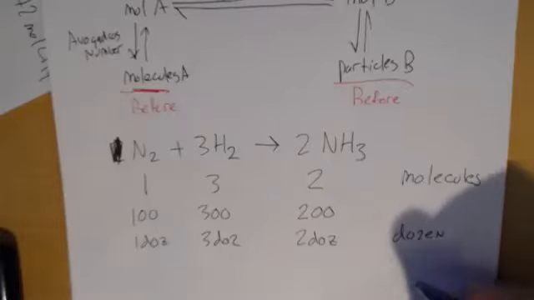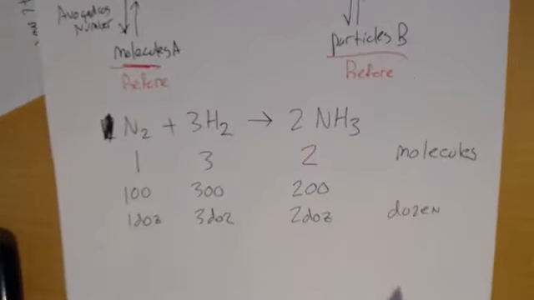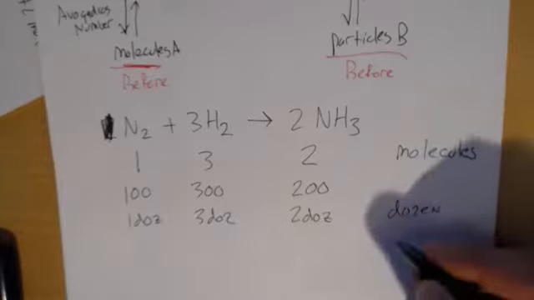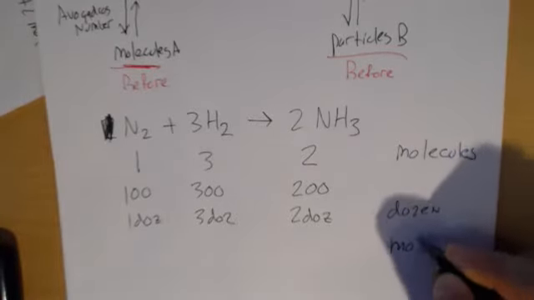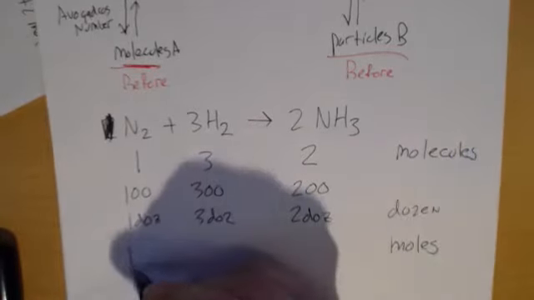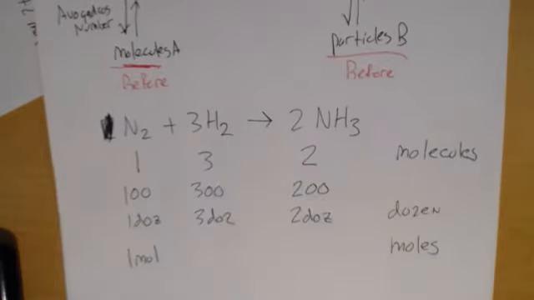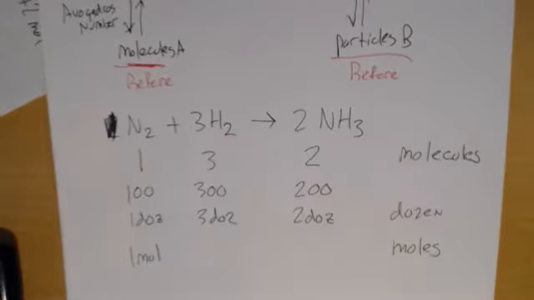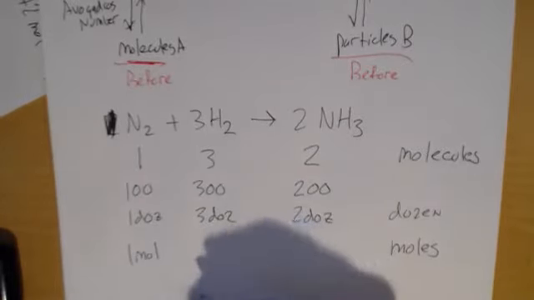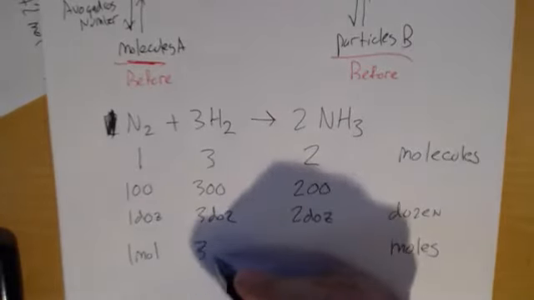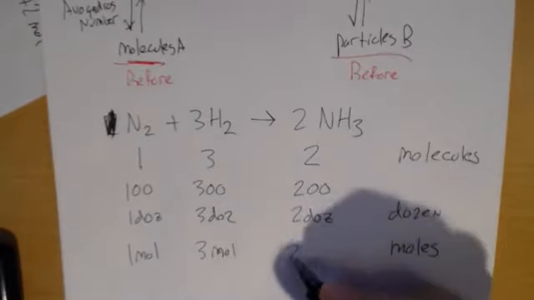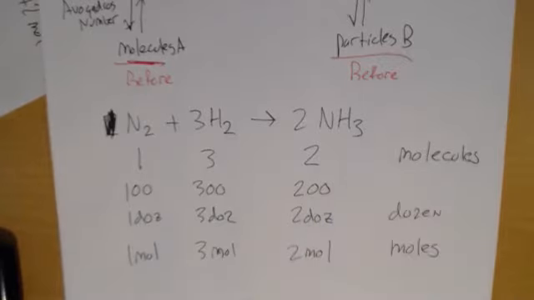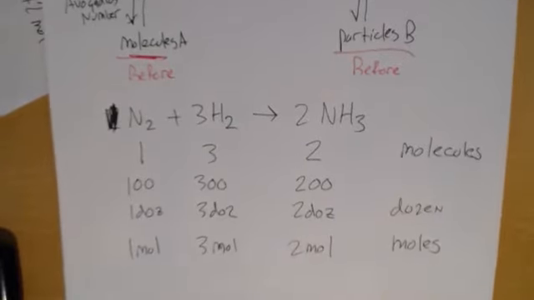Finally, let's use a different bulk number, kind of like what we did last time. Moles. So 1 mole of nitrogen will react with how much hydrogen? 3 moles of hydrogen, and that will produce 2 moles of NH3. That's perfectly correct. Very good.